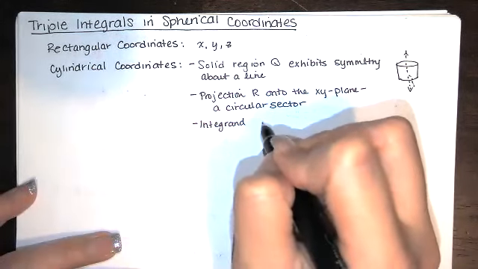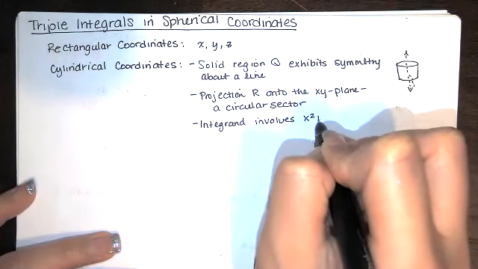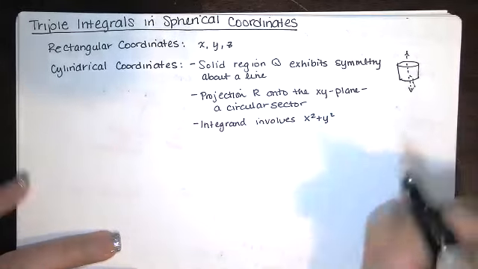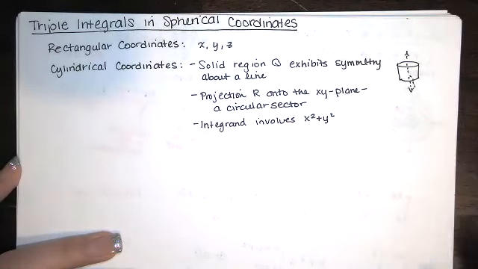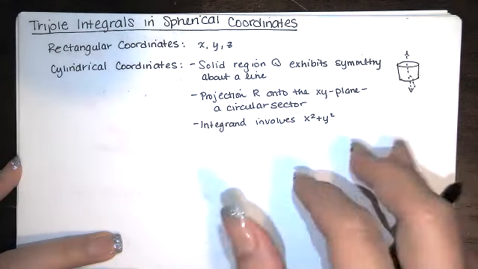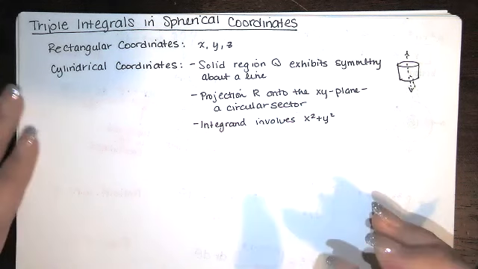So maybe the integrand involves x squared plus y squared, which means that the integrand is a function of r squared, the function of the distance from the z-axis. Then our integral might be better described in cylindrical coordinates.